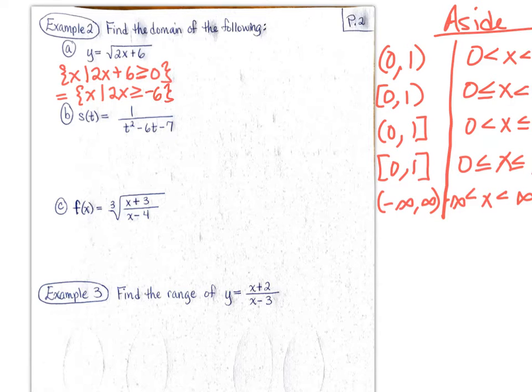Or in other words, it's the set of all x such that x is greater than or equal to what? -3, very good. You divide both sides by 2. So, in our interval notation, that means we have bracket -3, comma, infinity, parentheses.